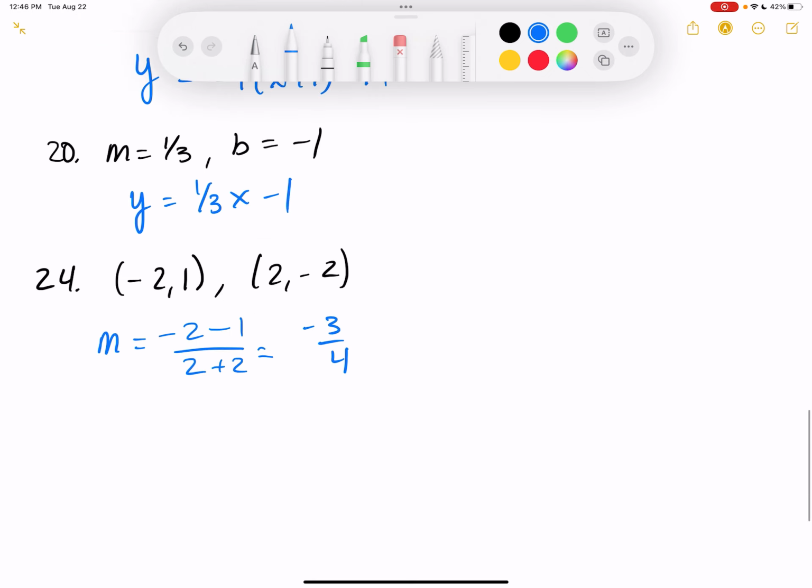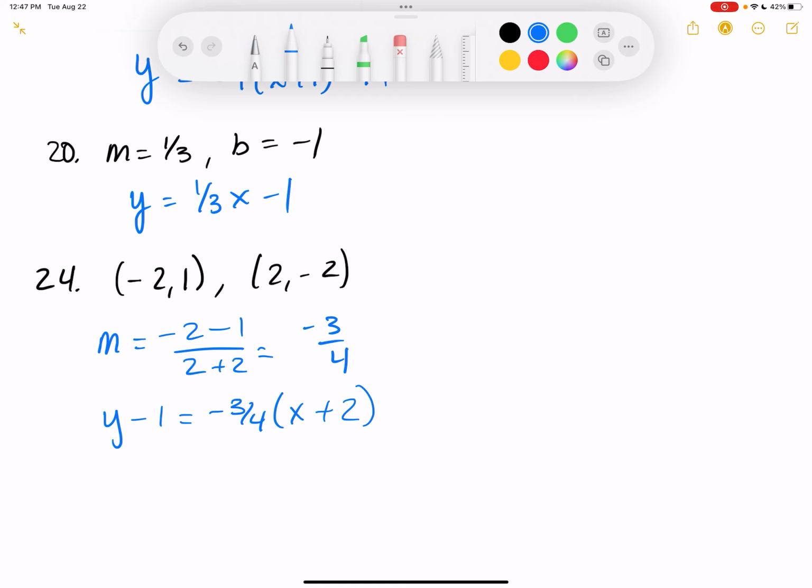What needs to be true about x and y? It'll be Ax plus By equals C, so x and y are going to be all on the same side of the equation. Which point do y'all want? All right, so y minus 1 is equal to -3/4 times x plus 2.